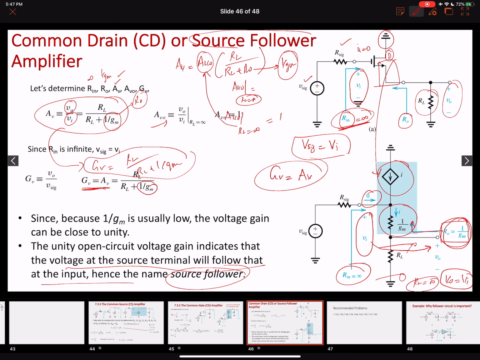Whatever voltage we apply at the input, considering the 1 over GM drop to be very small, and since the input resistance is infinite, our output will follow the same voltage levels. Our gain is very close to unity. So we can use this configuration to develop source followers as well.